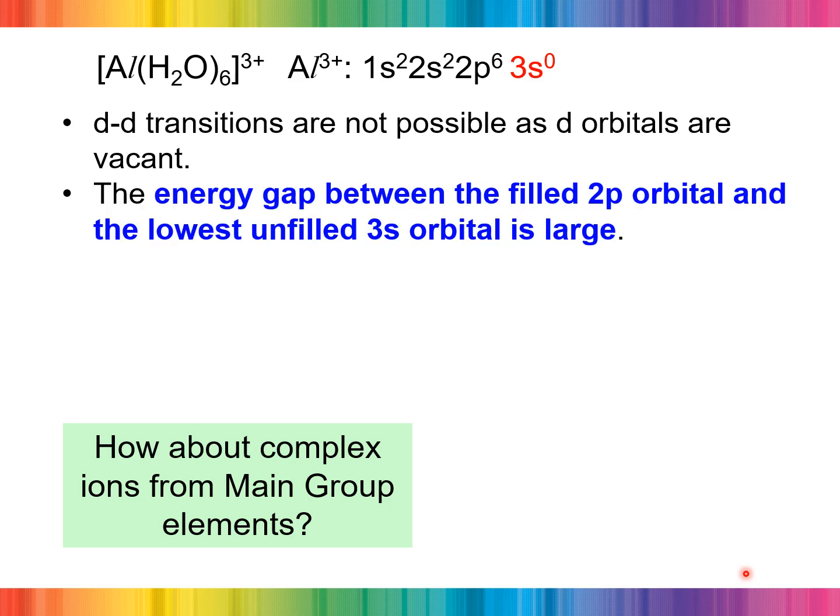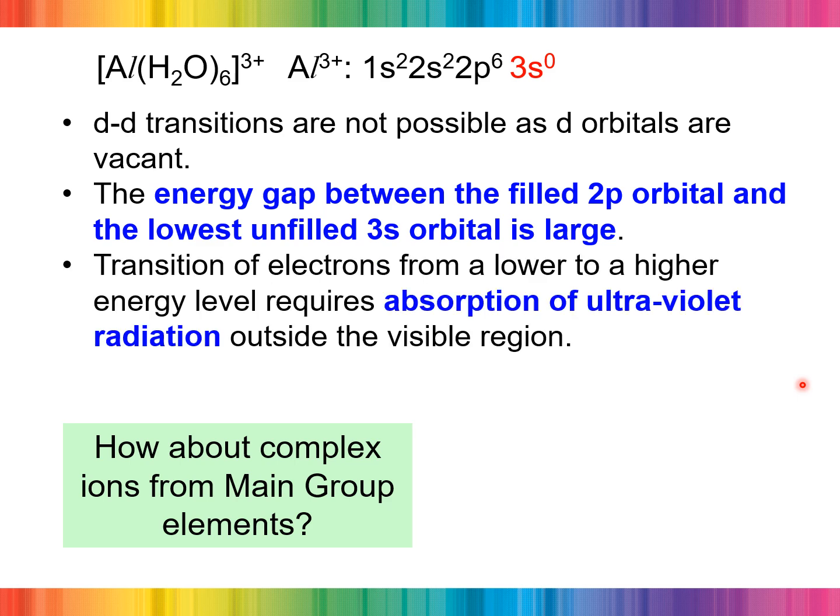Looking at the electrons present at its filled 2p orbital, the next one will be 3s, which is empty. So technically you can promote an electron from 2p to 3s. However, this is the next quantum shell, one quantum shell difference, which means the energy gap between the filled 2p orbital and the lowest unfilled 3s orbital is very large. What does it mean?